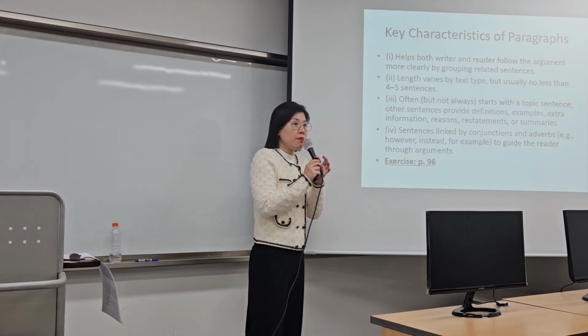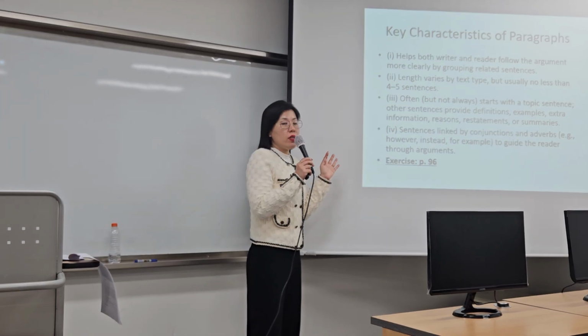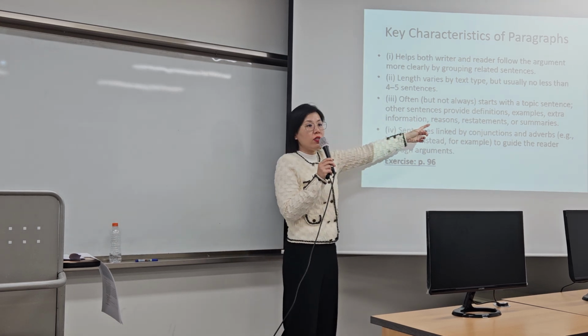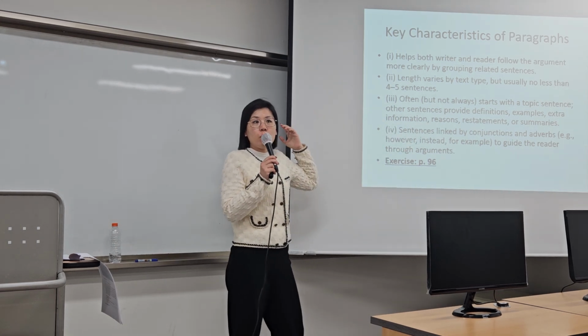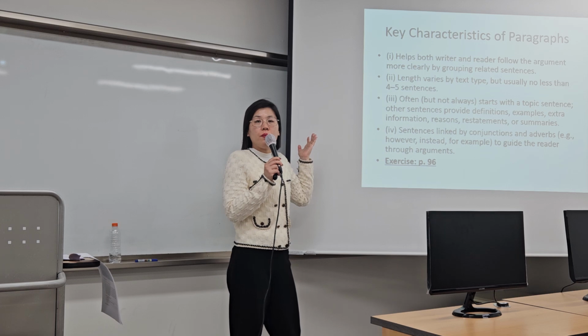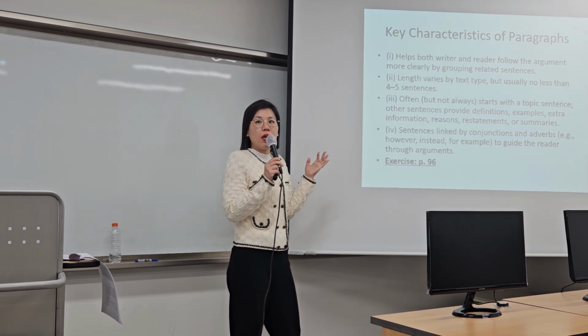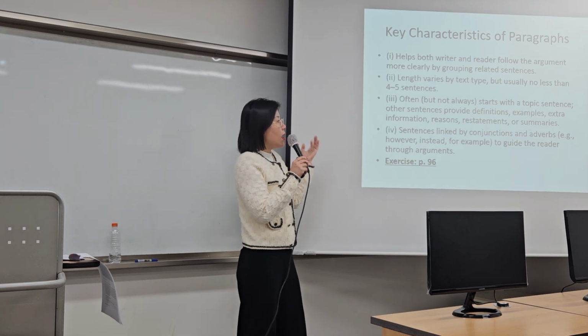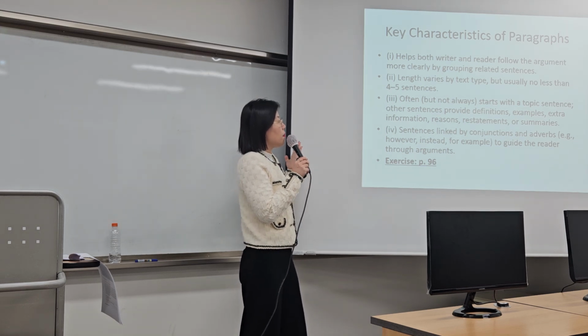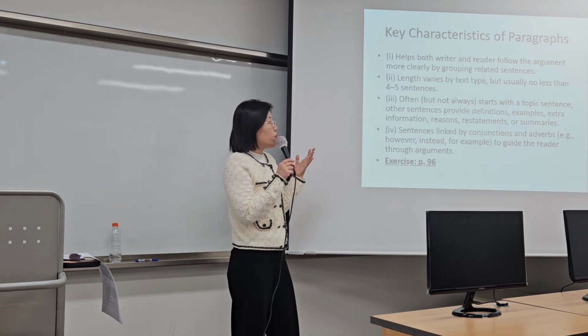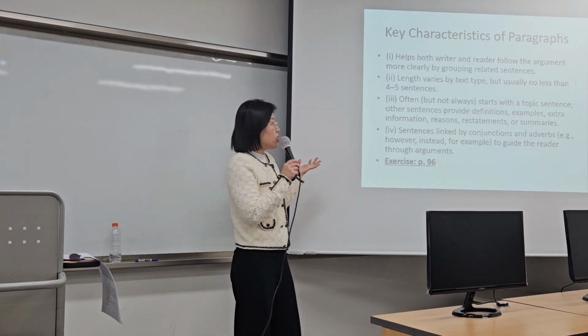And as I explained before, paragraph usually starts with a topic sentence, and then I didn't actually mention the definitions. So you basically can include a definition of a key term or a key topic within the paragraph as well, and other components such as examples or extra information like context or reasons or the results and restatements.